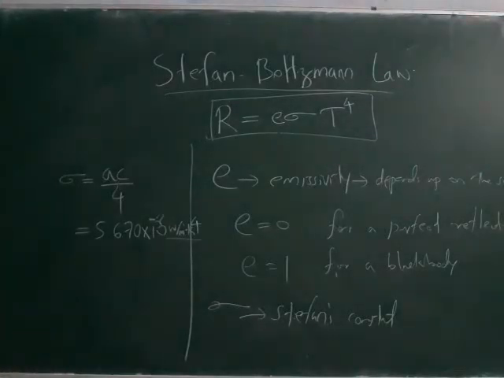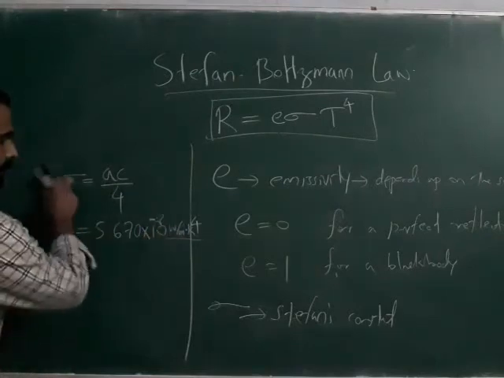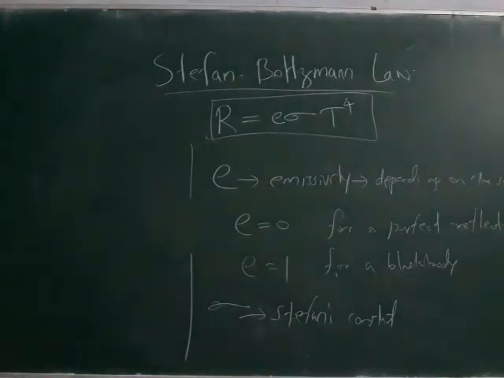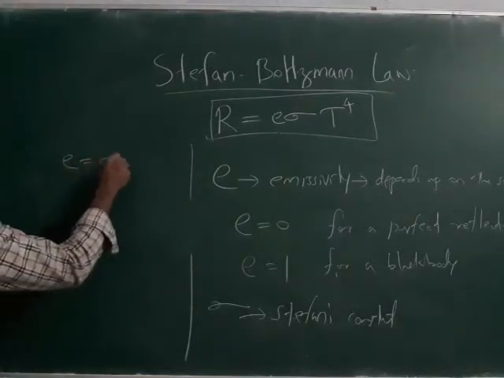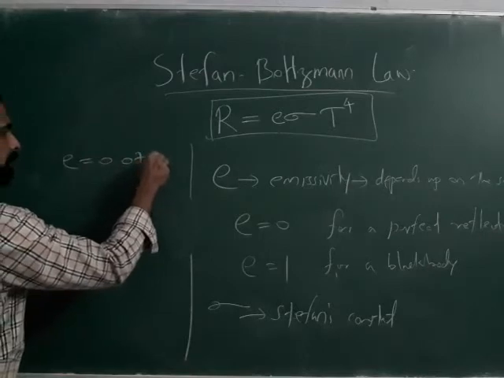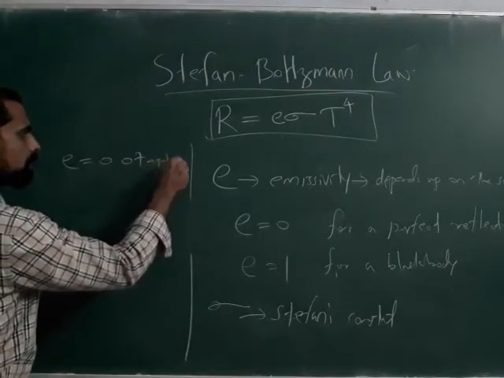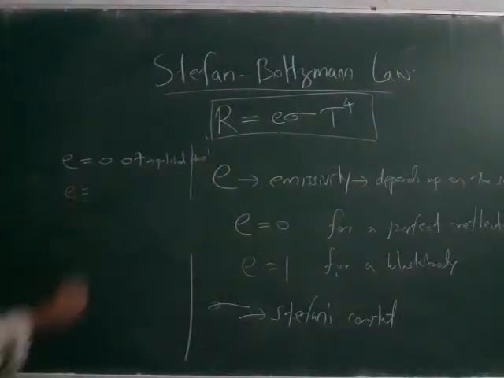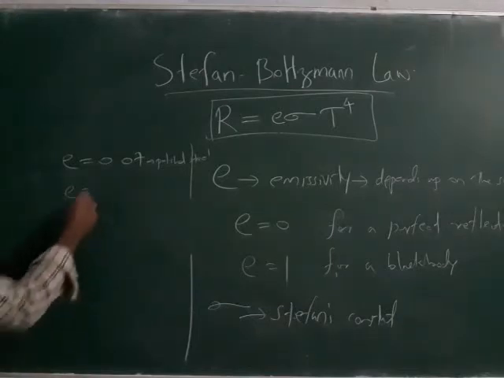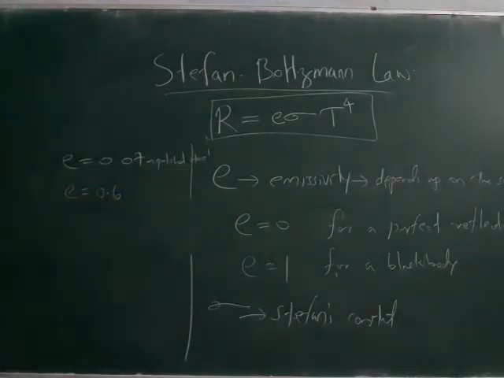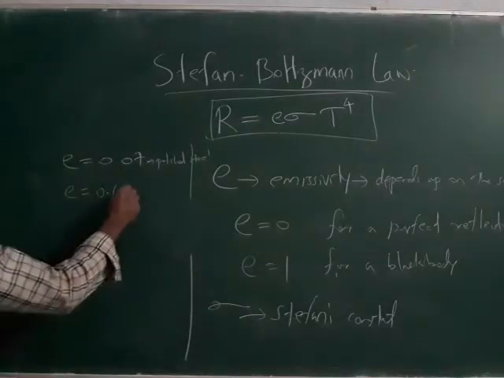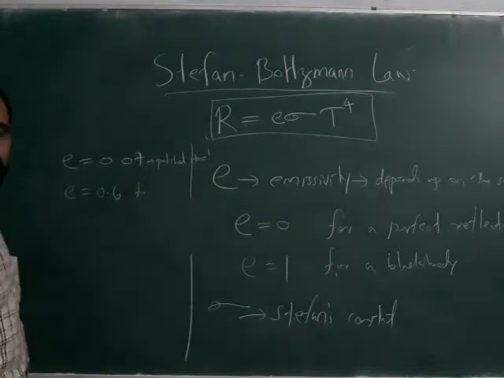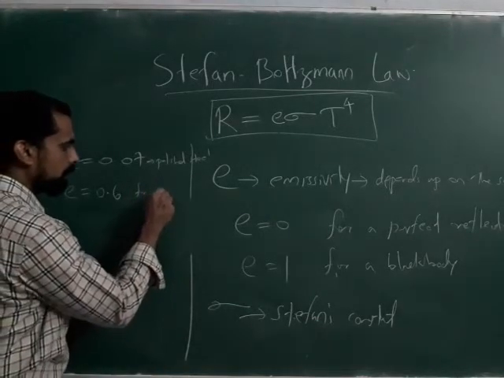For example, if you are taking polished steel, the emissivity is low. This is for polished steel. And E is equal to 0.6 for oxidized copper and brass.